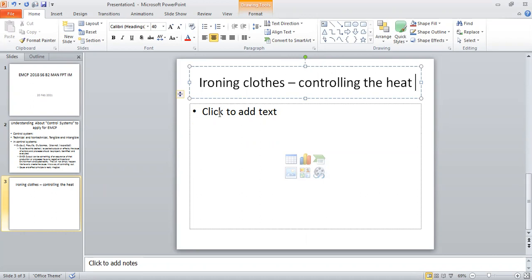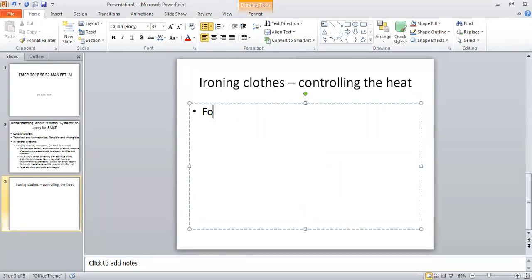Okay, so if I type it, focusing on an effect, you are creating a cause. So you know the nature of fabric you are going to iron, and if the heat or the temperature is high, you may have issues. Low temperature also may have issues because that cannot be ironed.